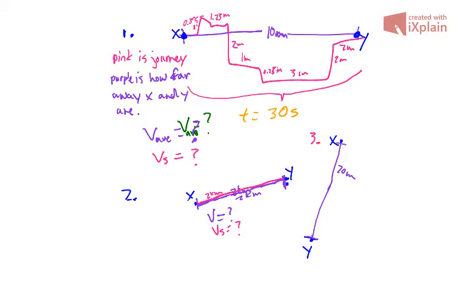And then we've got our journey that went like this. So we'll call this 15 meters and 15 meters. So V average equals question mark, and V sub S equals question mark. And 2 more.